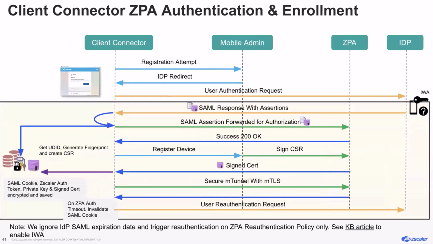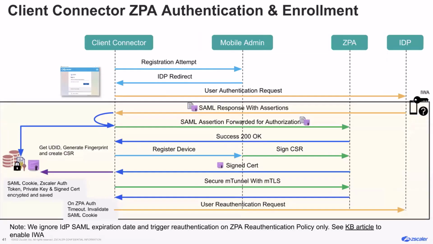This is the ZPA view. I won't go through the whole thing. I'll just mention two things about the ZPA side of things, a little bit different. One is we do go ahead and generate a fingerprint, and we create a CSR, which after successful authentication gets signed off by a ZPA broker.